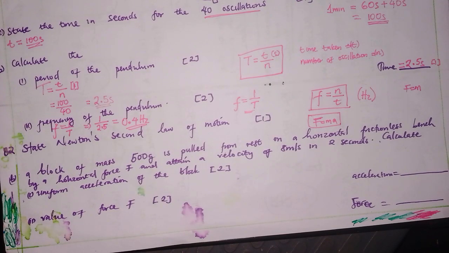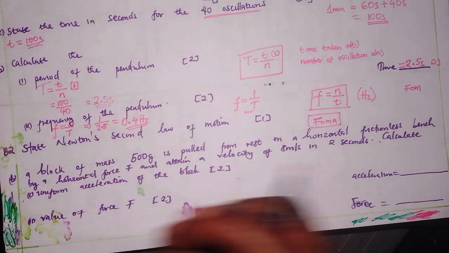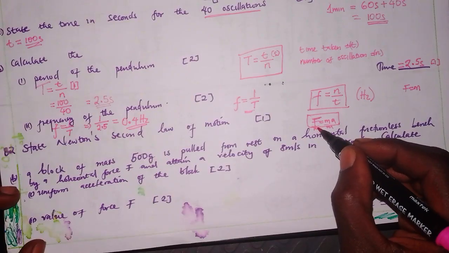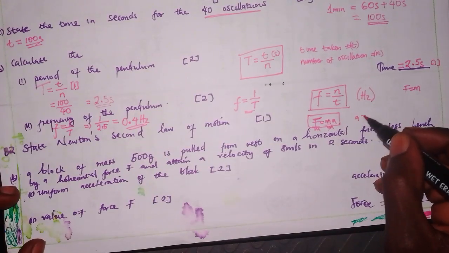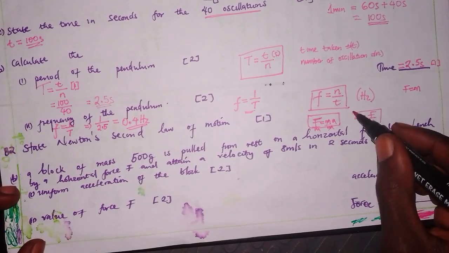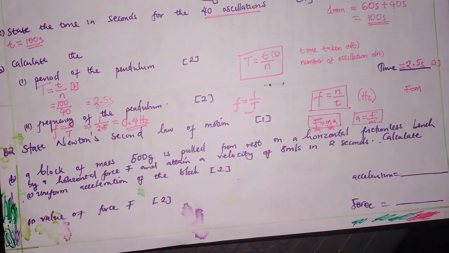Now, since we are defining it in terms of acceleration, you divide by mass, meaning acceleration is equal to force divided by mass. So this will be our definition. How can we write this in terms of words?